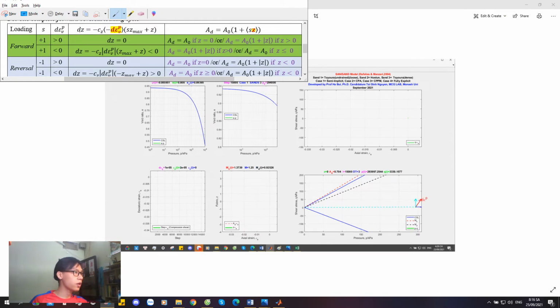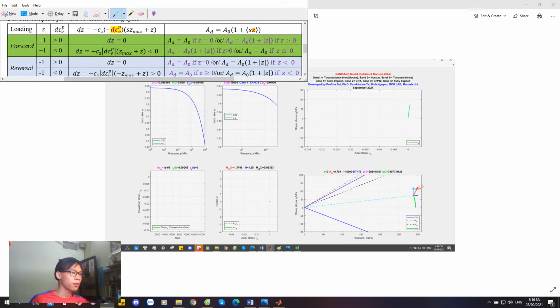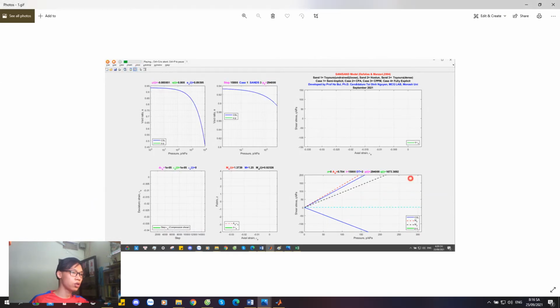So 0 means AD is A0, and you can look at this figure: AD is not changed at all. The dε_v^p is not negative because our loading stops before it meets the loading surface, the latency line. So we go to the next reversal loading.